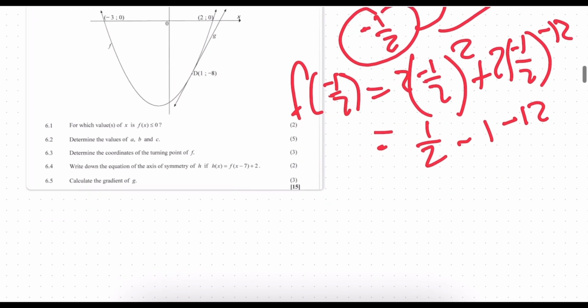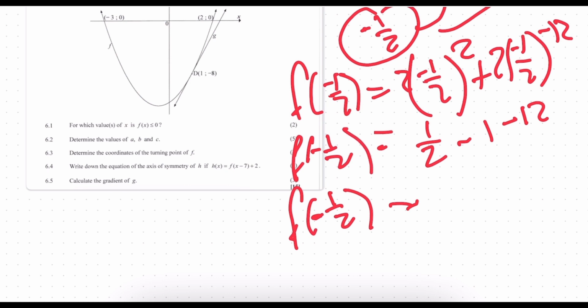I might get something incorrect here because I'm using my head. Then it's literally 1 over 2 minus 13, so that's more like minus 12.5.